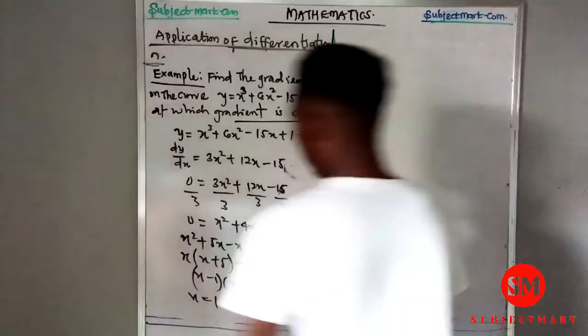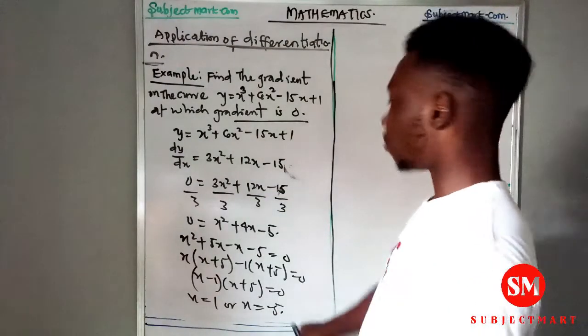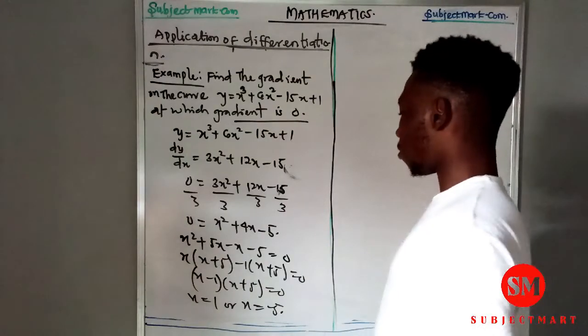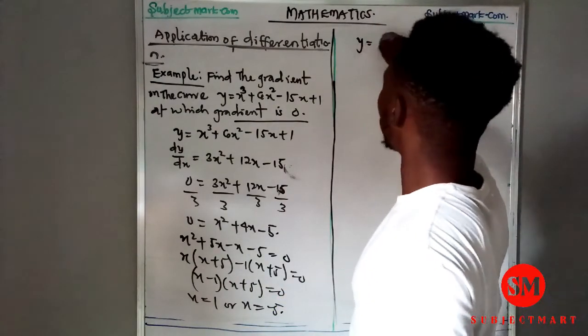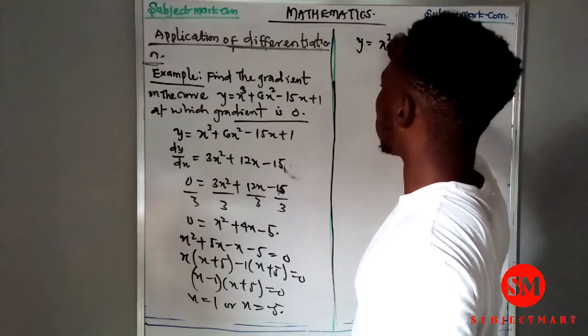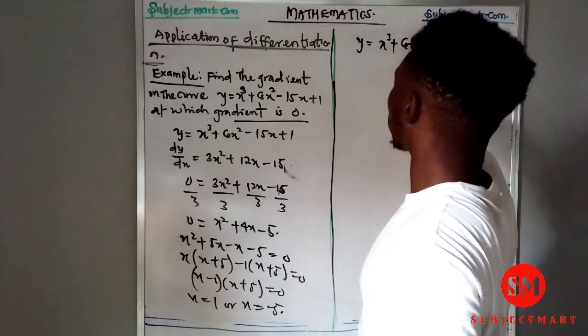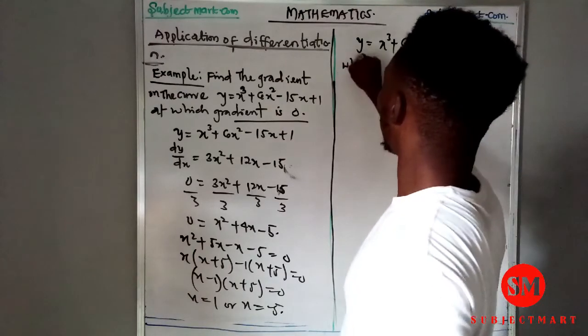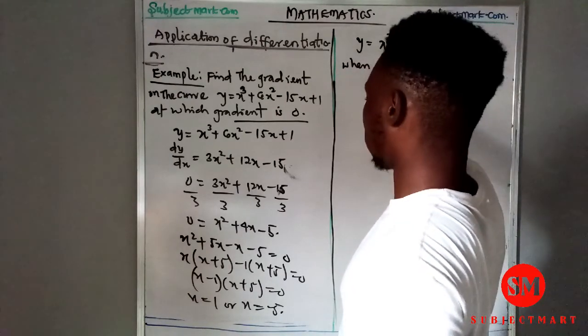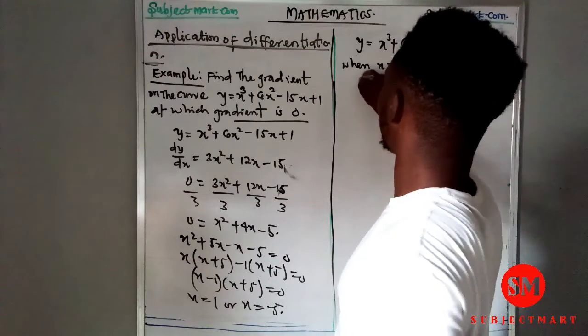So having this now, since we have values of x, x1 and x2, we come here and say y here from the question says x raised to power 3 plus 6x squared minus 15x plus 1. So when x is equal to 1, you put your 1 here.